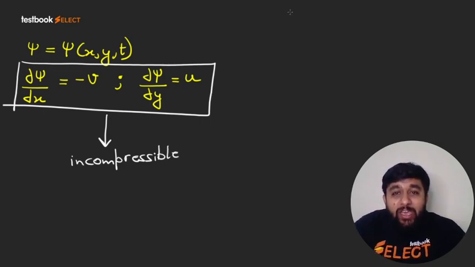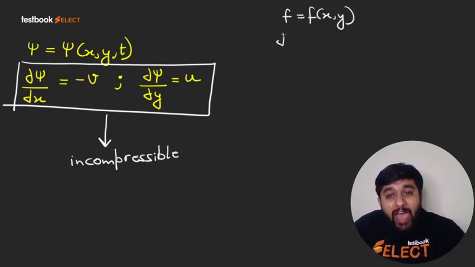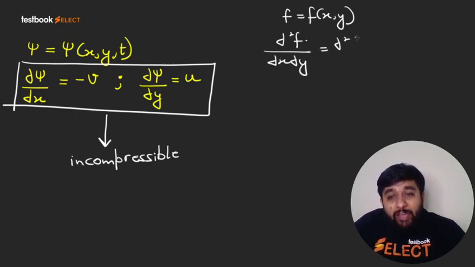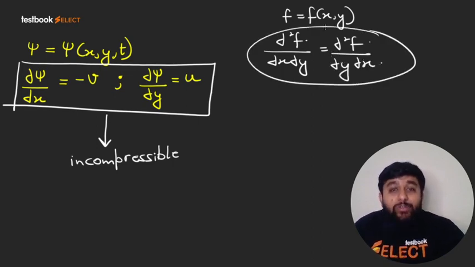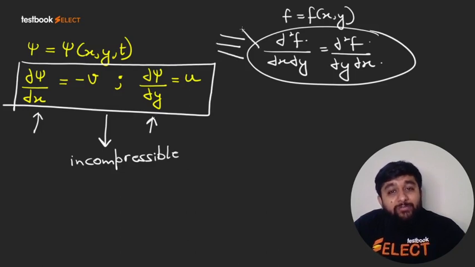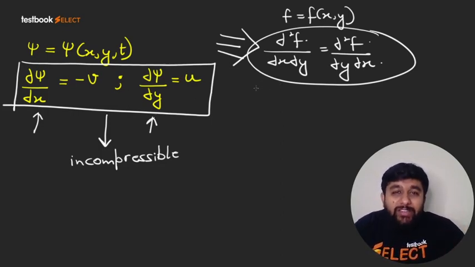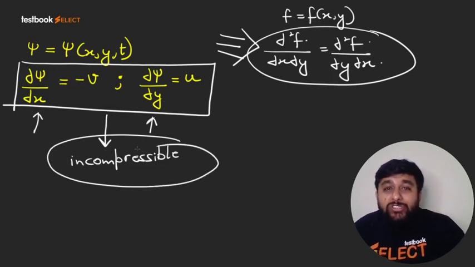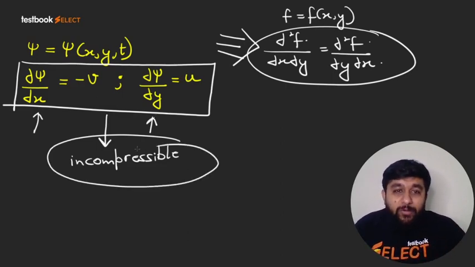If there is a function which can be defined, then del square f by del x del y is equal to del square f by del y del x. If a function can be defined, then this has to be true. So the mathematical function psi will follow this identity only if the flow is incompressible. This is where we get the idea that the stream function is defined only for incompressible flow.